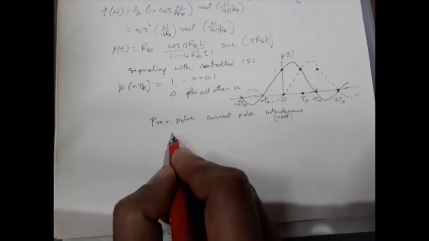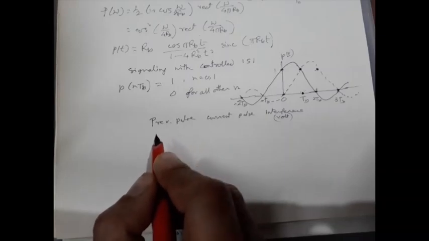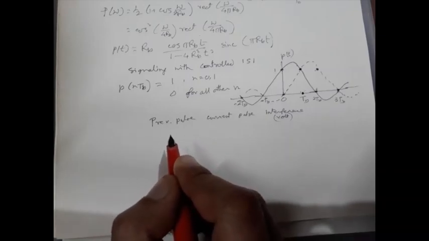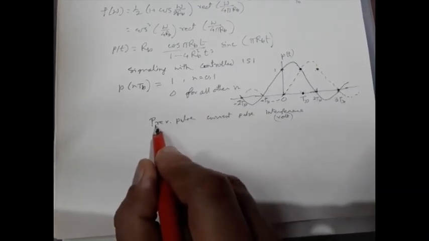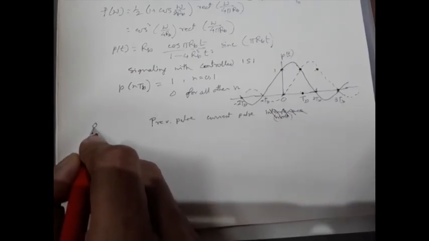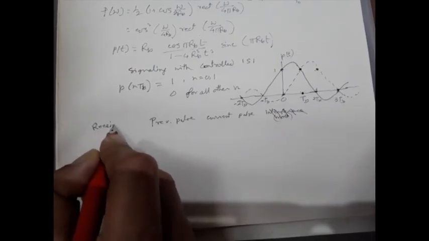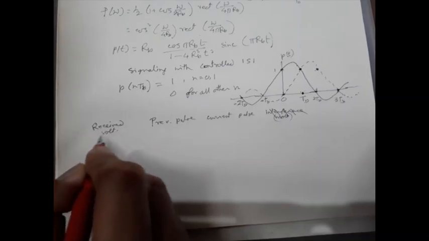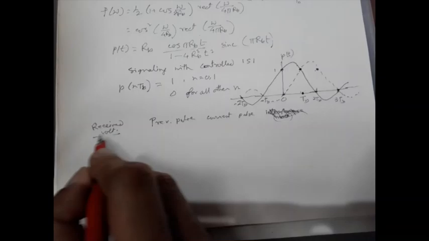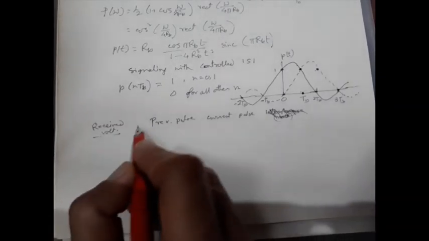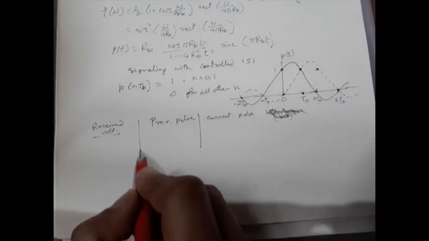So we should write it in this way: received voltage, previous pulse, current pulse. This should be the proper way of representation at the receiver.